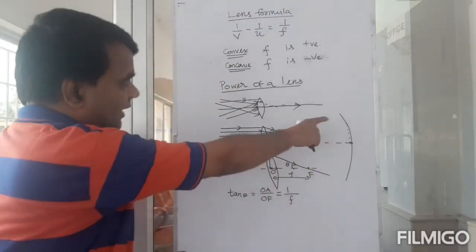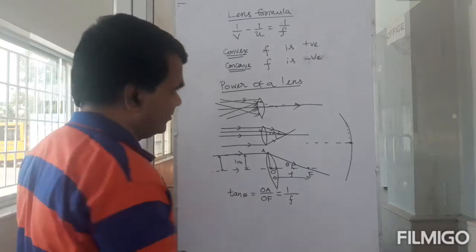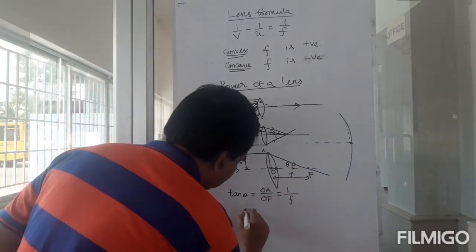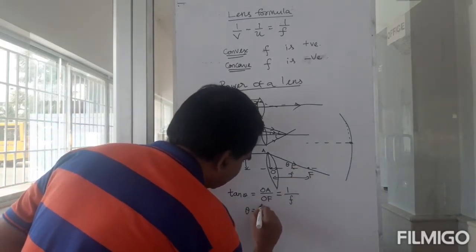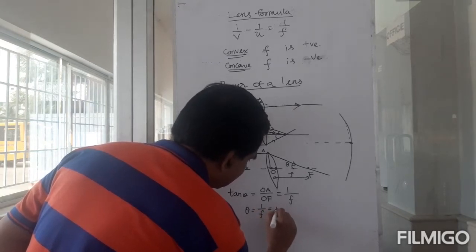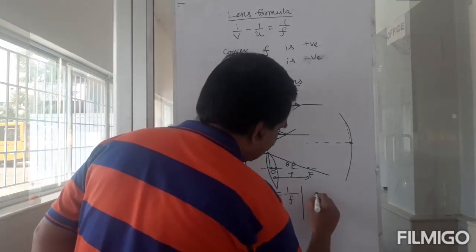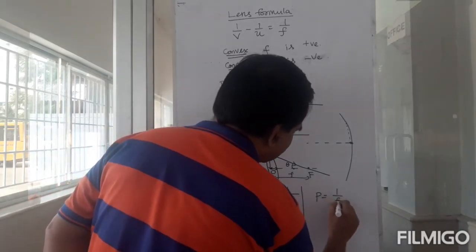In that case, my tan theta can become theta. So then theta becomes 1 by f, and this is what I call the power. So power of a lens is defined as 1 by f.